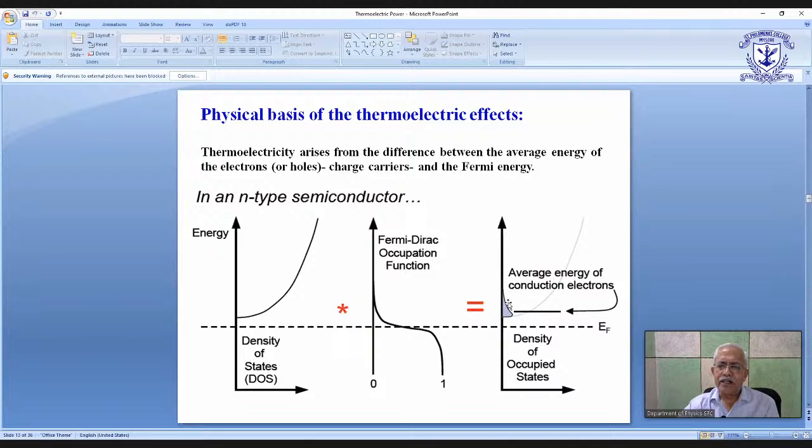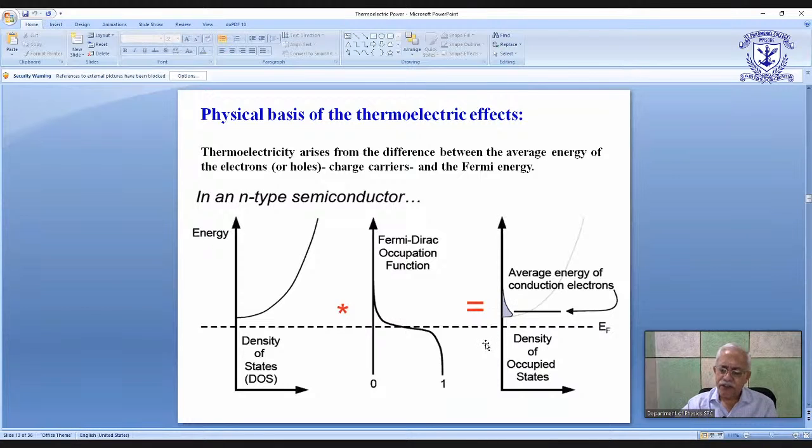This blue part gives you an idea of the density of conduction electrons. By conduction electron, we mean electrons which will contribute to the conduction of electric current. The area under this graph will be proportional to the density of the conduction electrons, and you see that it is quite small.